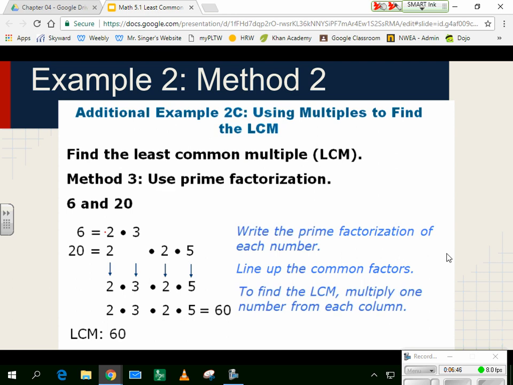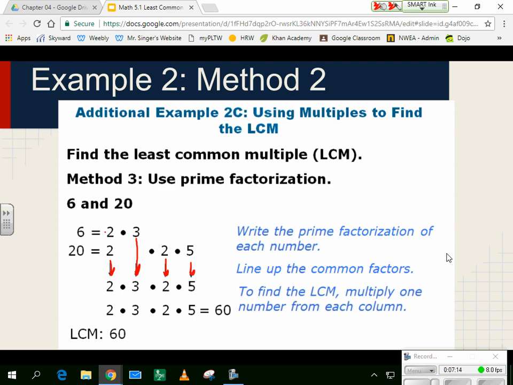Once you've lined up all your factors, instead of finding just the ones they have in common, you're going to use every number eventually, but you first want to line up the ones that are the same. So they both share a 2, so we have one row of 2's. There's a 3 for 6, but we're going to use that anyways. We then have another 2 left over from the 20, and the 5.